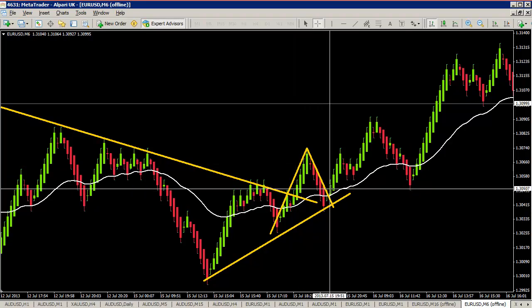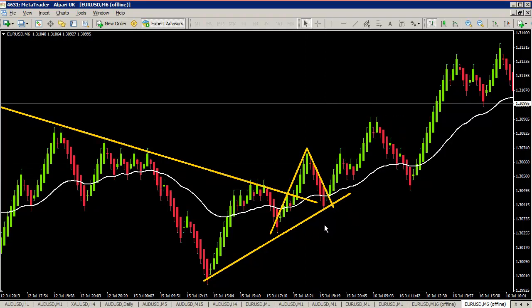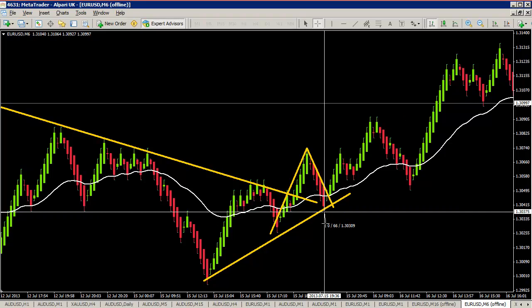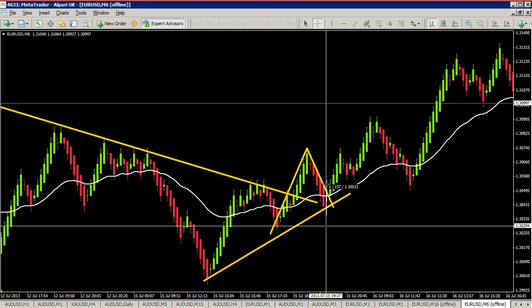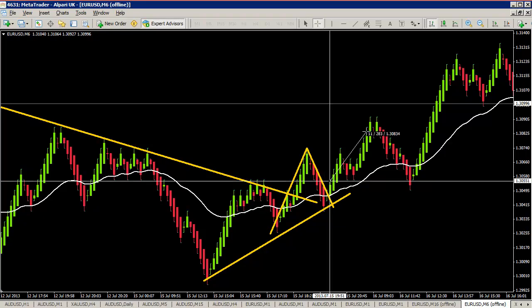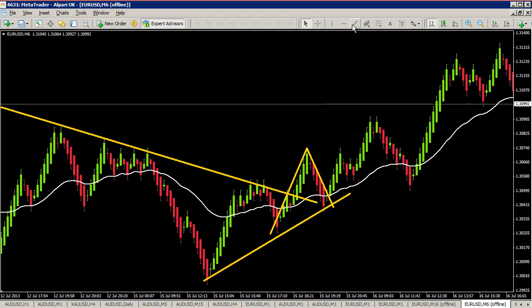So you take your entry plus the stop below the target. If you have a stop of about, let's measure 6 pips plus spread, so somewhere here, you have like 25 pips, so you go for 25 pips.